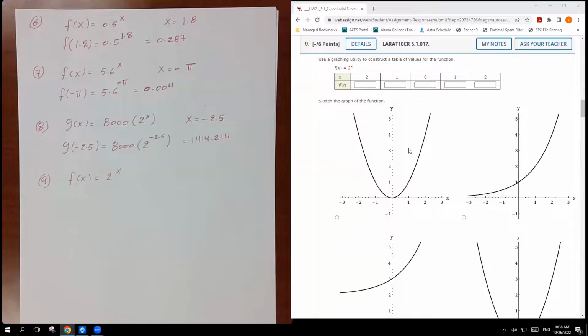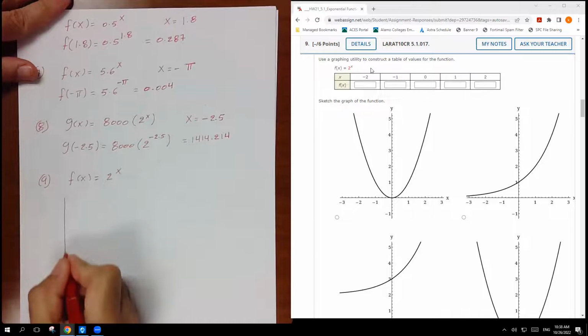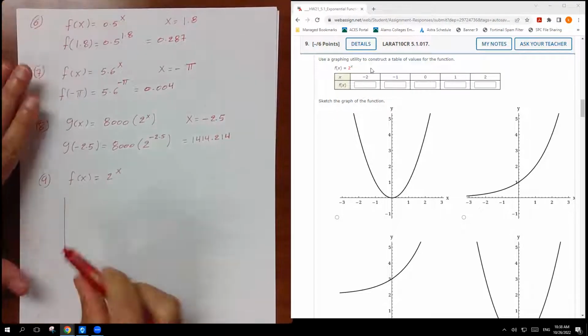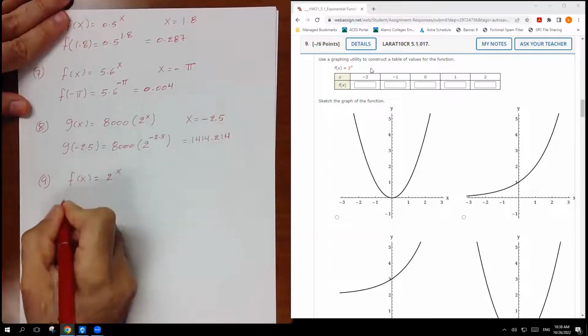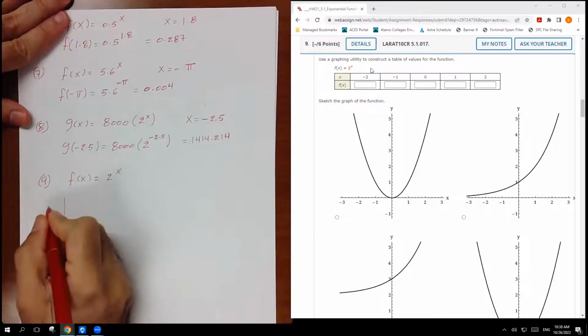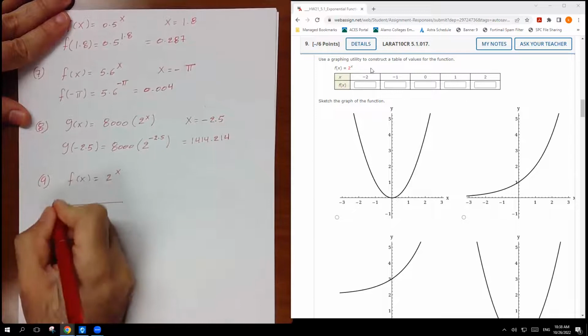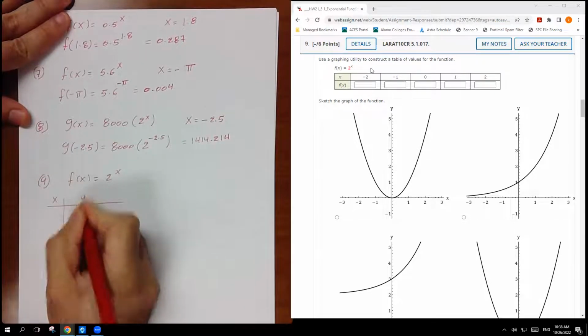So for example 9, they're telling you to use the graphing utility to figure out this table. That means we have a table, and that's the way to graph the exponential function. You have to pick a point from the domain and plug in these points to get the y, and then graph the point.